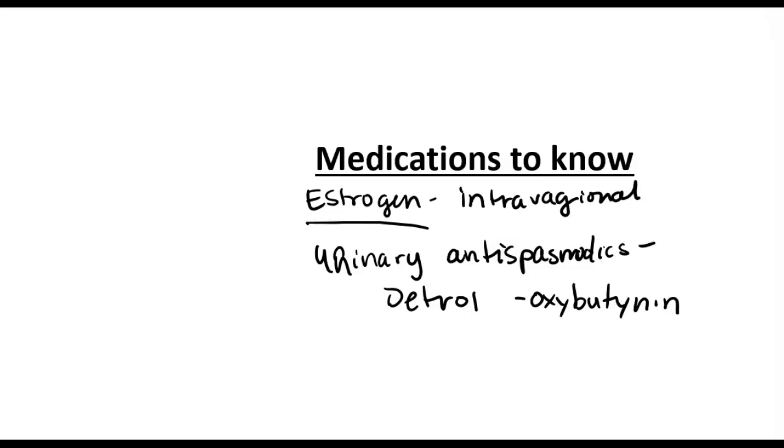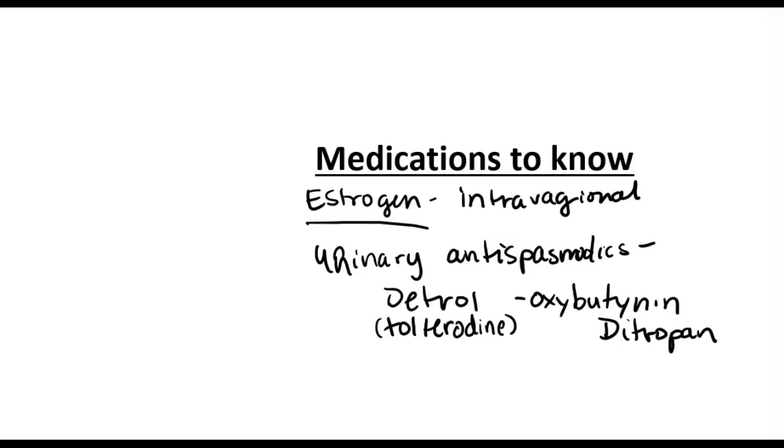So Detrol, oxybutynin. I'm sorry, Detrol is not oxybutynin. Let me go back there. Detrol is tolterodine, and we don't use that as much. I must be showing my age. Tolterodine. The one we use is Ditropan. So go ahead and correct that in your notes.